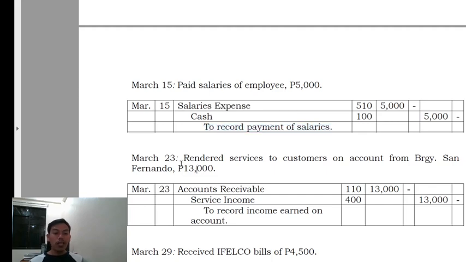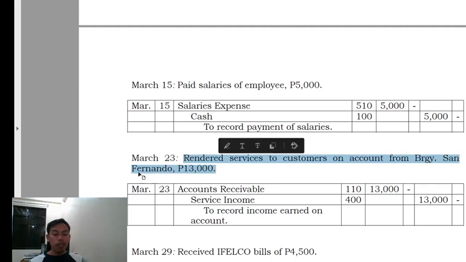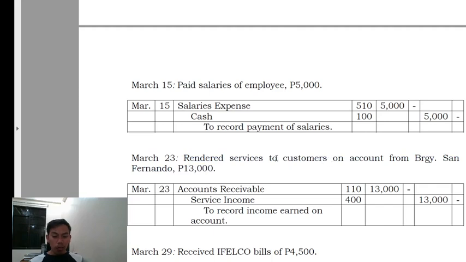March 23. Rendered services to customers on account from Barangay San Fernando, 13,000. Kumita tayo pero yung customer natin inutang sa atin. So in this case, debit to accounts receivable, hindi siya cash. So nadagdagan ang ating asset, so debit siya, accounts receivable, 13,000.